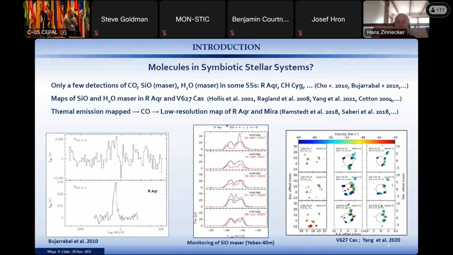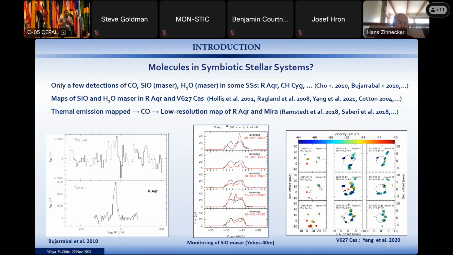There are very high angular resolution maps of SiO and water masers, as you can see, for example, here. These maps show the typical ring structure mentioned by Bianca and Daniel and others a few days ago. But again, there is a problem because the SiO maser only takes place under very specific conditions. As a result, it doesn't provide a general view of the molecular content in binary systems.